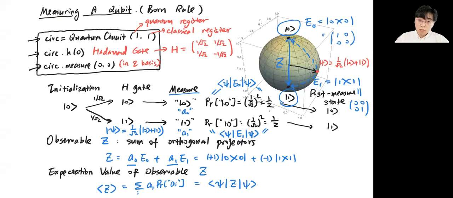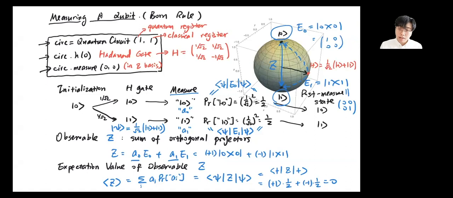So what is the expectation value of observable Z for our circuit? Well, we have the plus state and the Z observable, which is equal to +1 times half probability and -1 times another half probability. So the expectation value is 0.